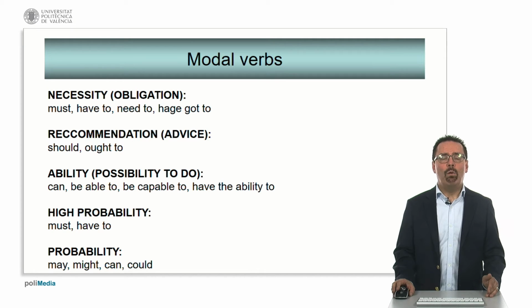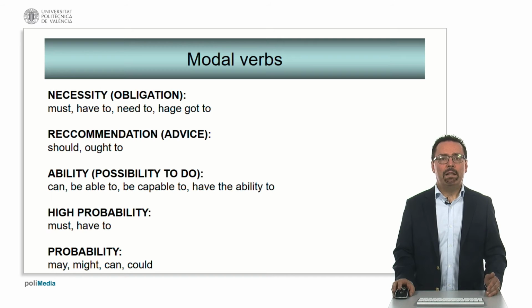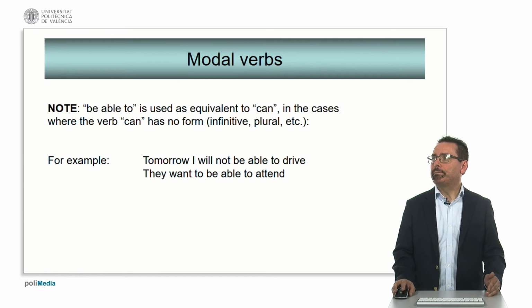It depends on formal or informal language, but also on the circumstances, because modal verbs depend very much on the context, because they add meanings that depend very much on the circumstances in which we are speaking, and also they add information to the main verbs.